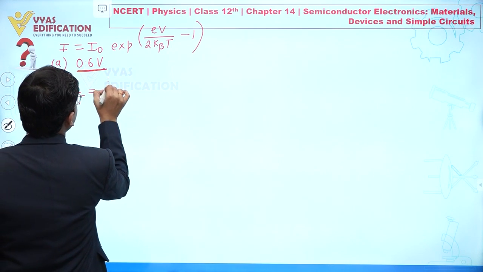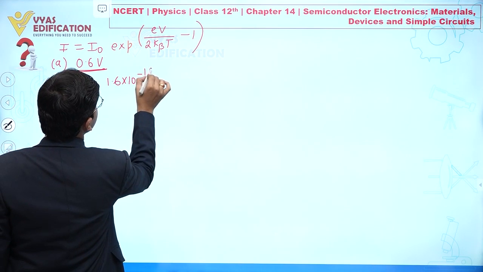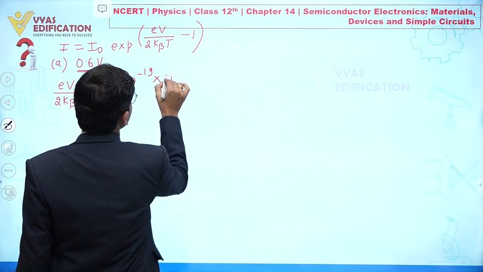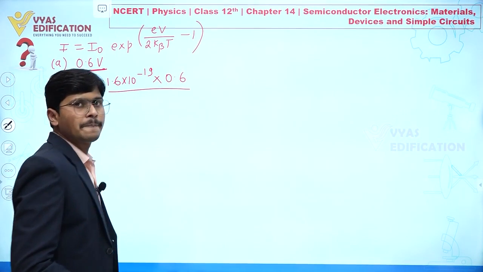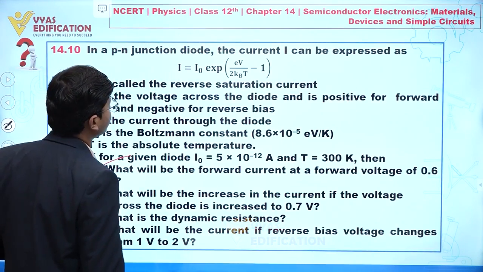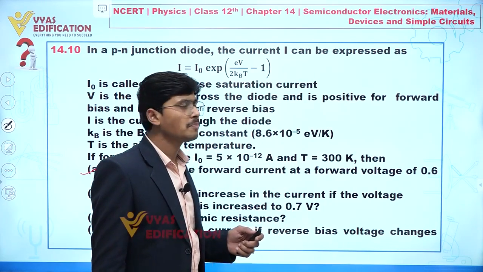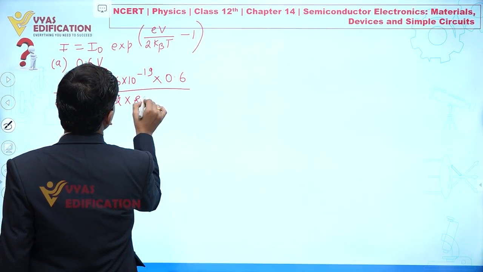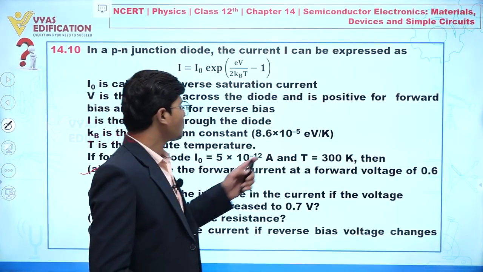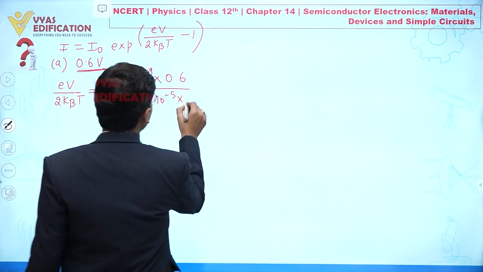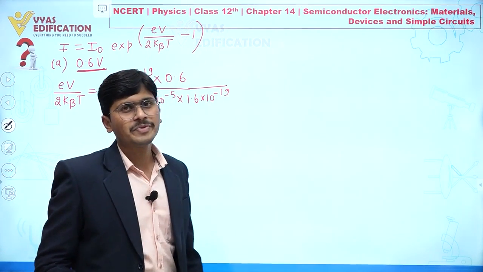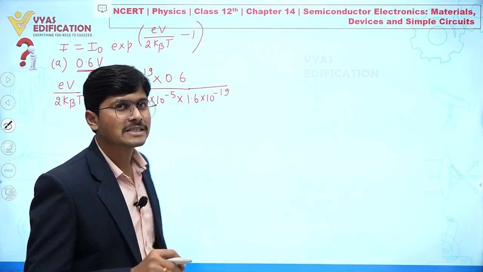Now E is the charge of an electron, 1.6 into 10 to the power minus 19, multiplied by V, which is 0.6, divided by 2 multiplied by KB. KB is given to you as 8.6 into 10 to the power minus 5, but this value is in electron volt per Kelvin, so we multiply it with 1.6 into 10 to the power minus 19, because 1 electron volt is equal to 1.6 into 10 to the power minus 19 joule.